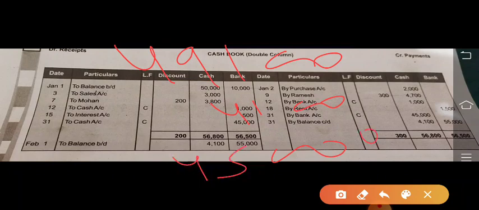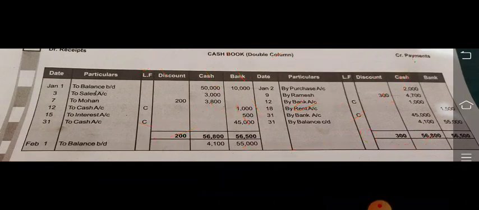That means out of 49,100, we'll keep 4,100 in cash and the remaining 45,000 will be deposited into bank. So to deposit this 45,000 into bank, when we are depositing cash into bank, bank will increase and hence will be debited. Cash will decrease and hence it will be credited. So there will be a contra entry.